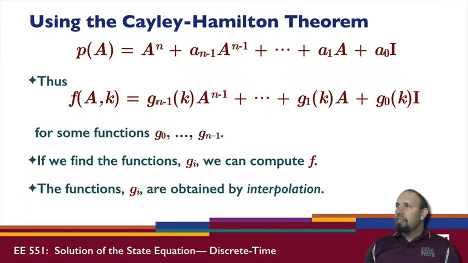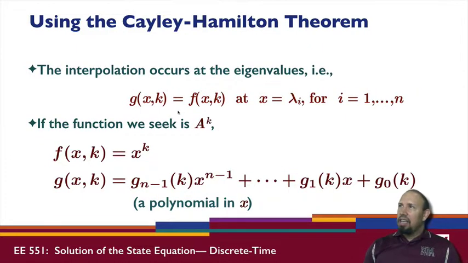If we think of this as g of x comma k, where x is evaluated at A, then that's the polynomial. This is the original function that we're looking at. You can think of this, for example, as being e to the x, some function of x.